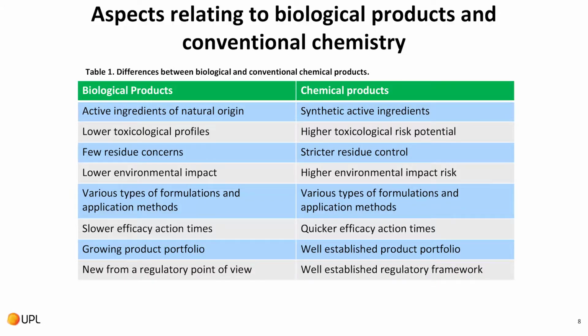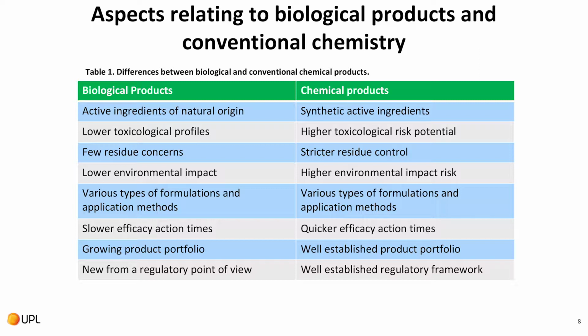From my personal point of view, I think chemical products really have a wide variety of types of formulations and application methods, maybe even better than biologicals at this stage. Chemicals usually have a quick efficacy action time, especially in emergency cases where you need a knockdown effect.